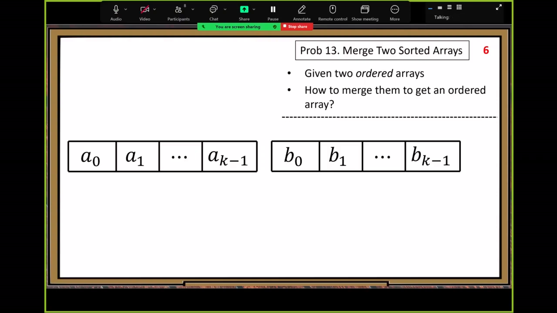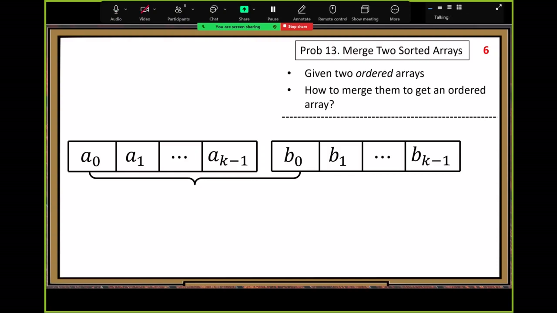Remember the insertion operation: every time we compare our given key with one element in the ordered array, we can put one element in place. Here it is slightly different.